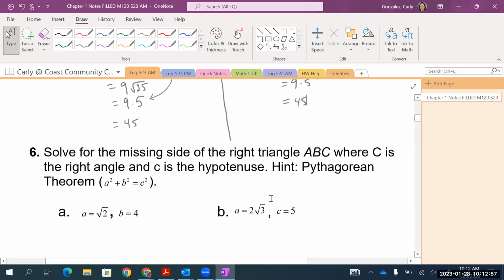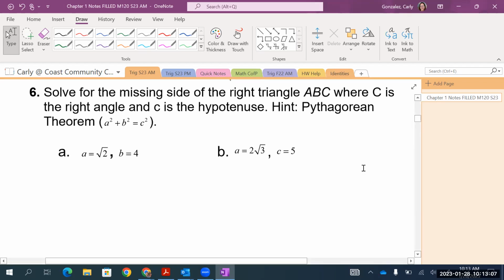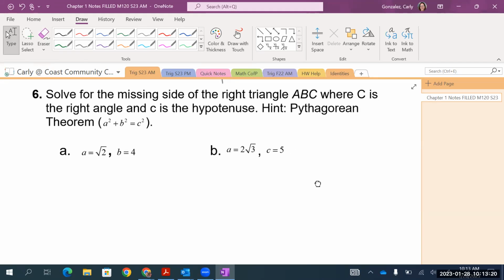Now, moving on, we have the Pythagorean theorem. And we're going to have different right triangles. So it's very important to know that this Pythagorean theorem only works for right triangles.